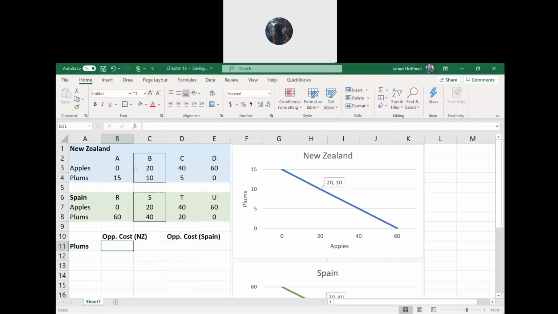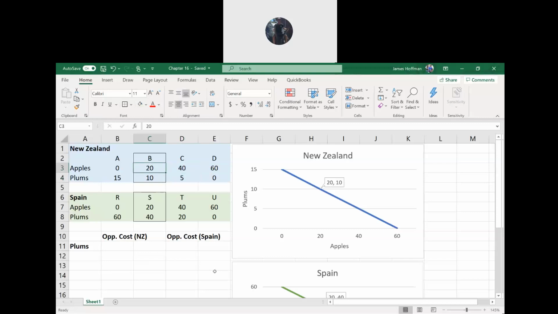Okay, so just start with the numbers here. You can see that each time, New Zealand's trade-off is constant, so it's easy. You don't have to worry about it changing. Each time they produce 5 more plums, they give up 20 apples. Plus 5 plums, they lose 20 apples.